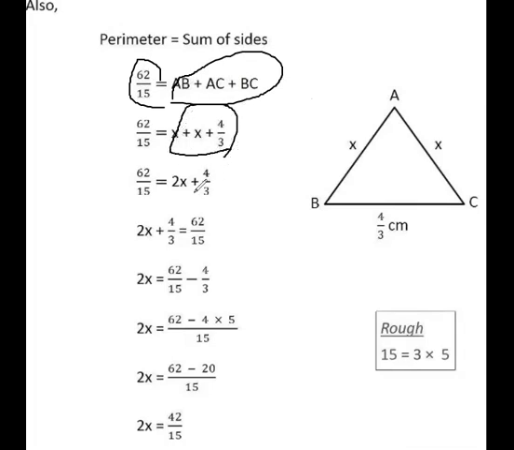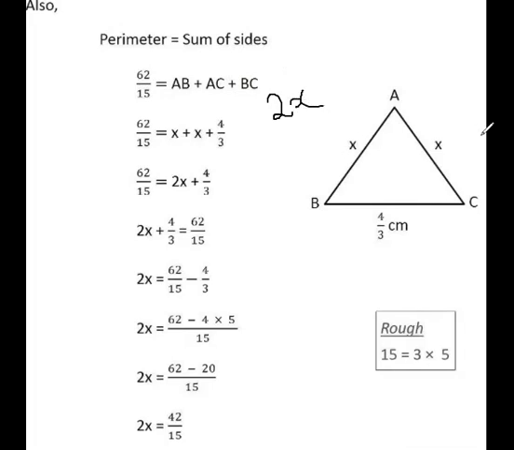We'll add the values. After adding values, x plus x is 2x, so we'll write it as 2x. Once you've written it as 2x, you have a full equation form. That equation is 2x plus, moving forward we have 4 upon 3 as a base.